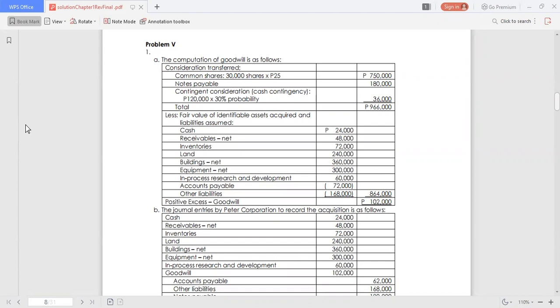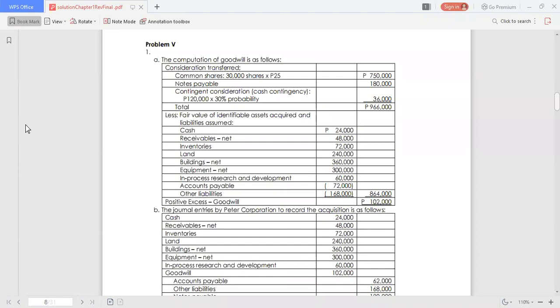Pure's consideration transferred consists of the following: A. 300,000 unissued shares of its 10 par common stock with a market value of 25, 180,000 in long-term 8% note, and a contingent payment of 120,000 cash on January 1, 2007 if the average income during the 2-year period of 20x5 and 20x6 exceeds 300,000 per year.